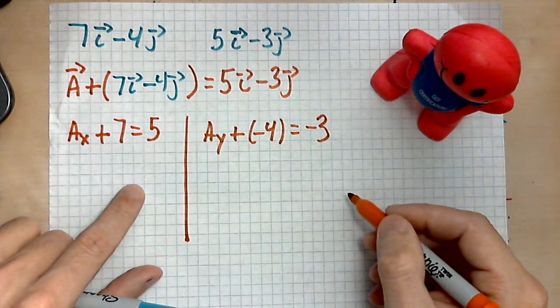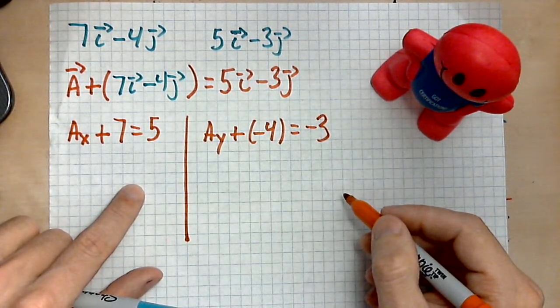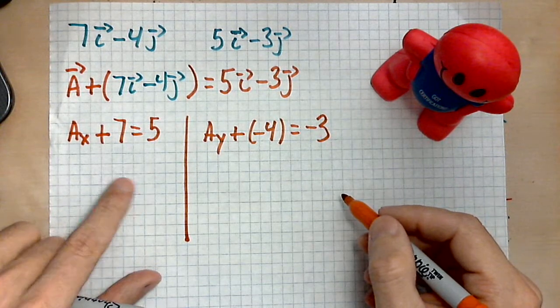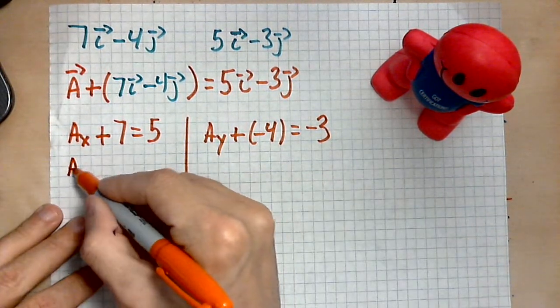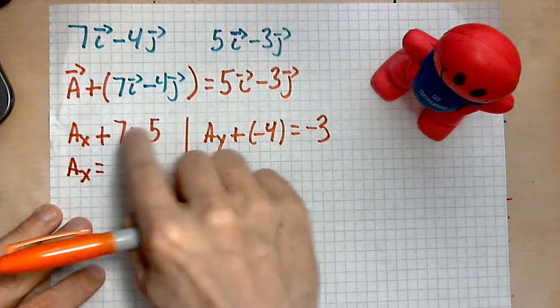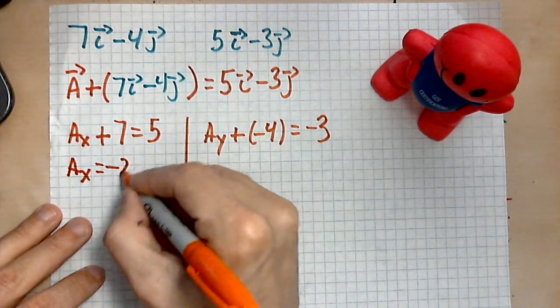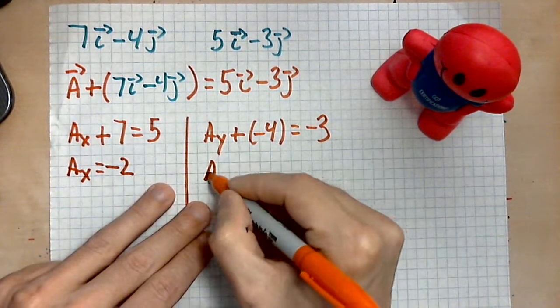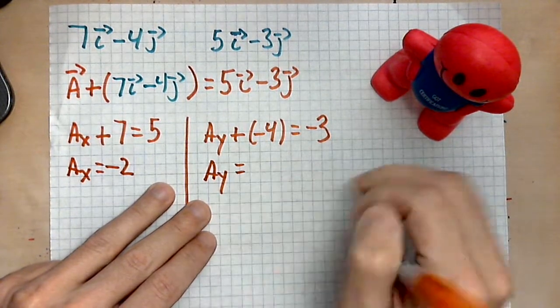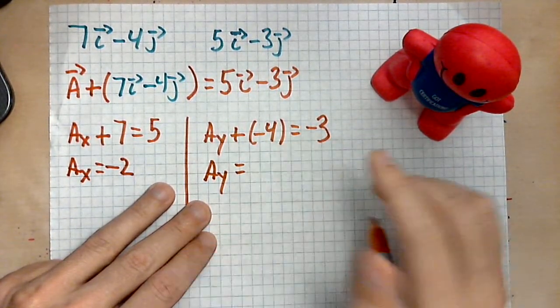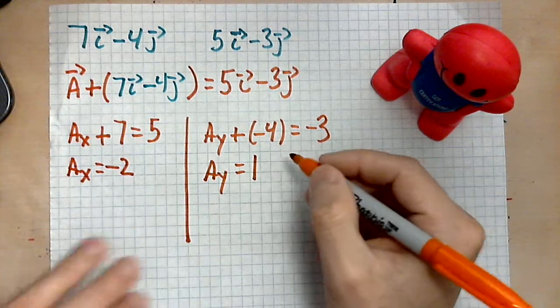So now we have this, and we're making really solid progress. The next move is simply to observe the following. These are simple linear equations, so Ax equals 5 minus 7, which is -2. And the y component of A is -3 plus 4, which is +1.